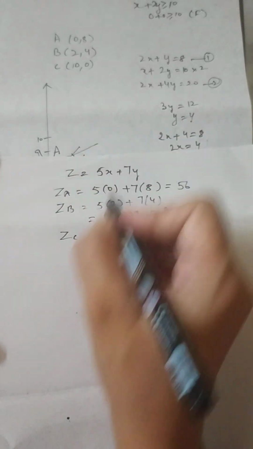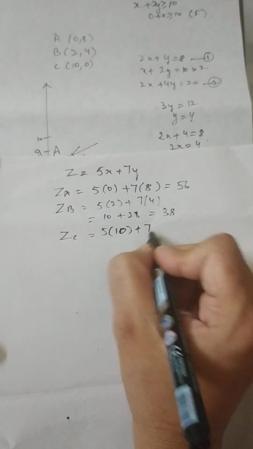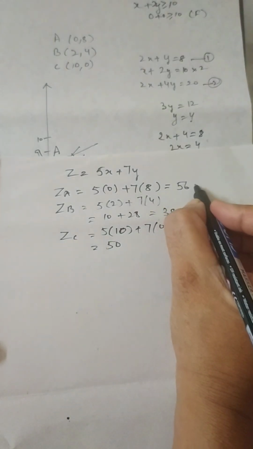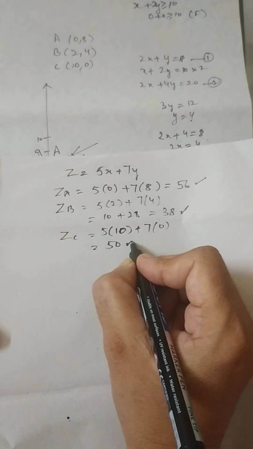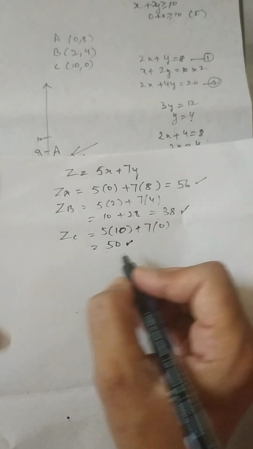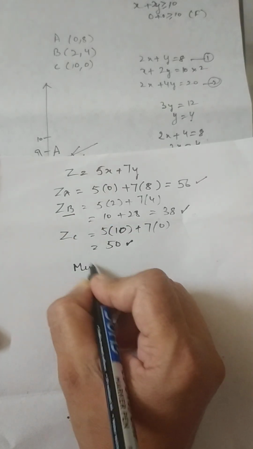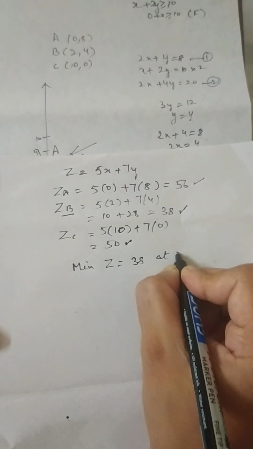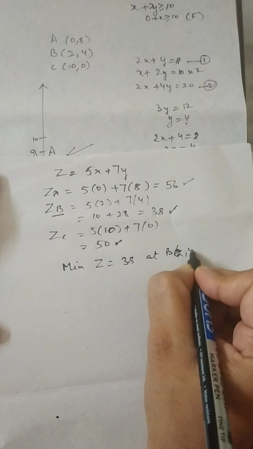Z at C is 5 into 10 plus 7 into 0, so this is 50. So we have 56, one value, another is 38, and third one is 50. Out of these three values, the minimum value is at B. So the minimum value of Z is 38 at point B, and B is nothing but 2, 4.